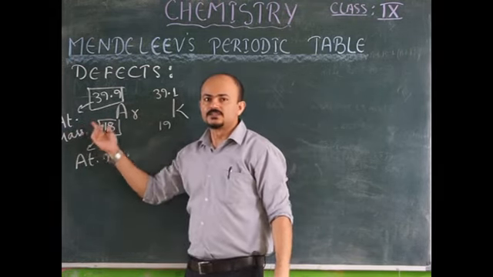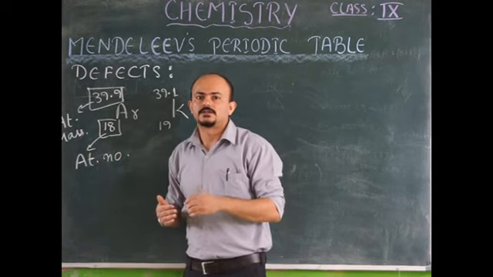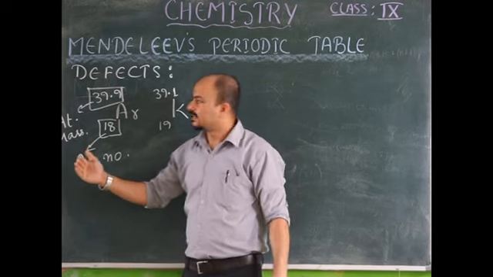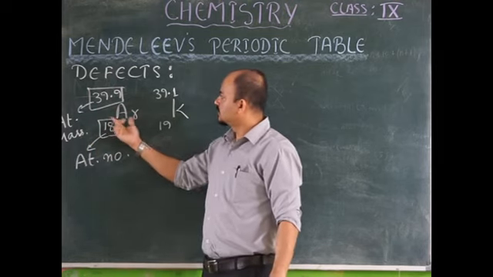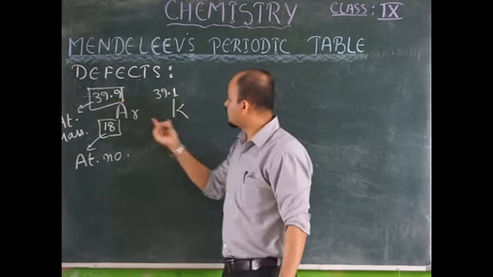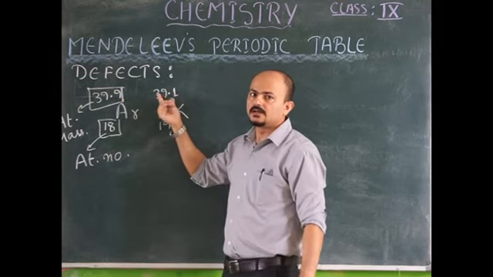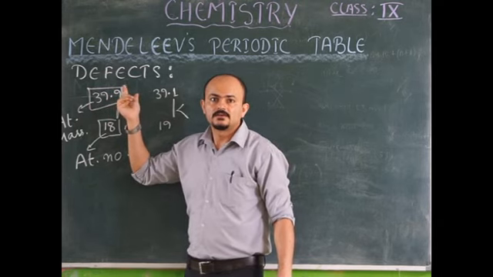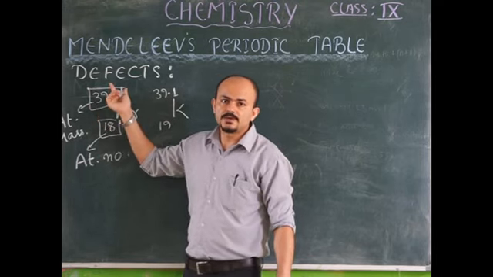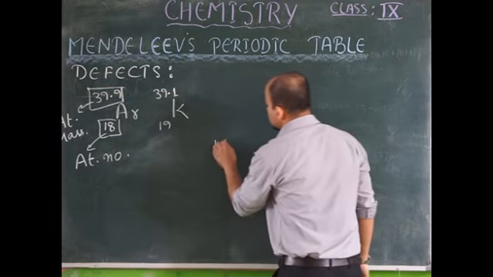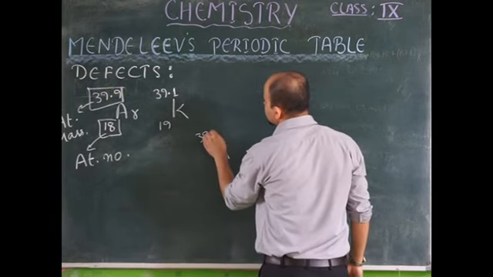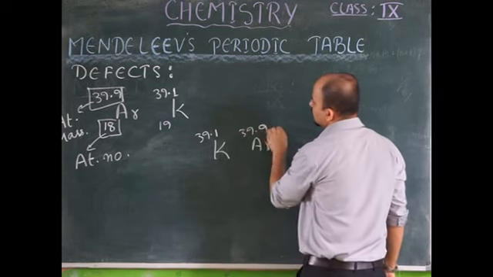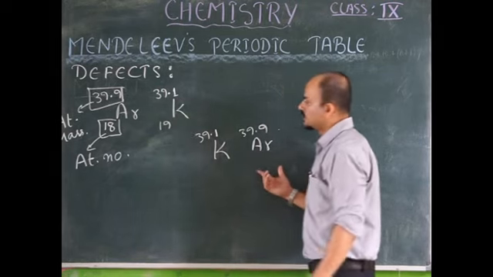If you consider increasing order of atomic masses for categorizing these elements, then obviously argon has 39.9 and potassium has 39.1. If we take atomic masses as told by Mendeleev, then in the periodic table potassium should have come first and then argon. But actually this is incorrect.